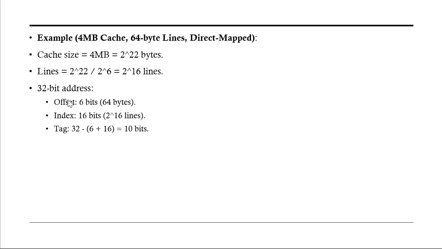To find the tag, we subtract the offset and the index, which are 6 and 16, from the address. So 32 minus (6 plus 16), which is the offset and the index, gives 10 bits. This is a very nice example. Hope you understand it. Let's move on to the next slide.